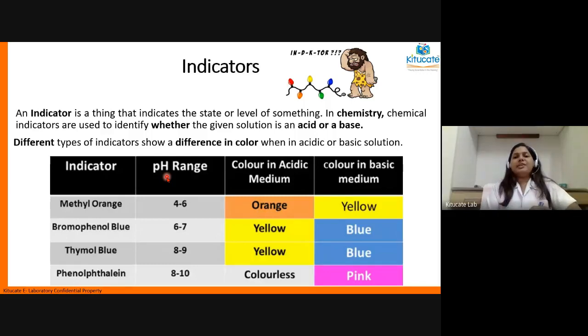pH, you can write it down. pH means the power of hydrogen ions. Power of hydrogen ions. Now, how is the formula for pH written? I'm writing it on the board.